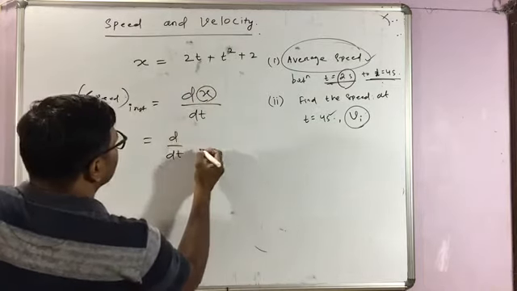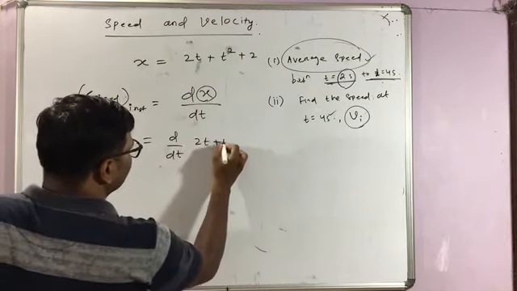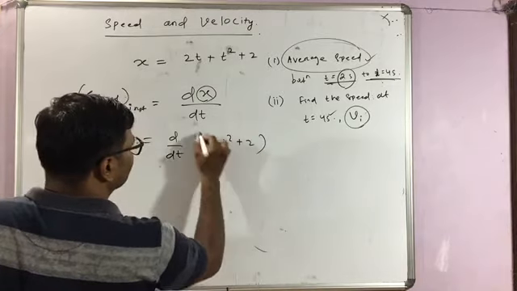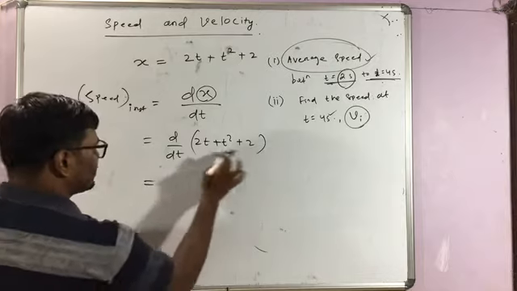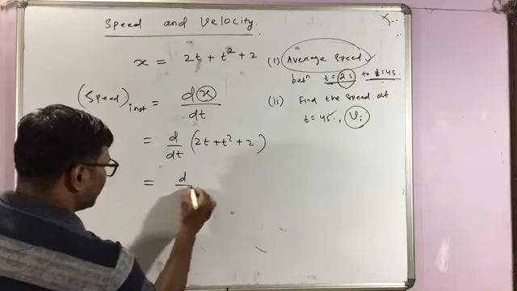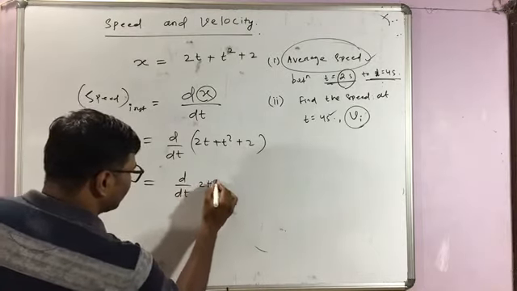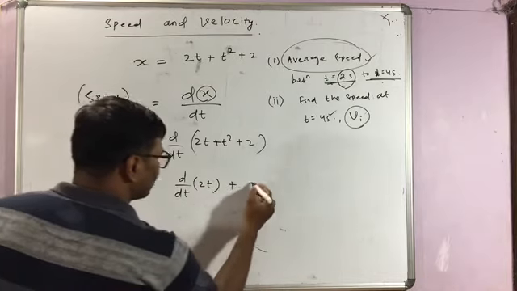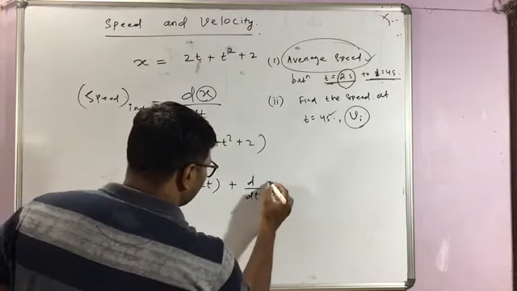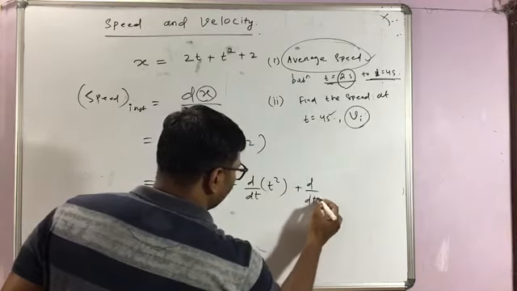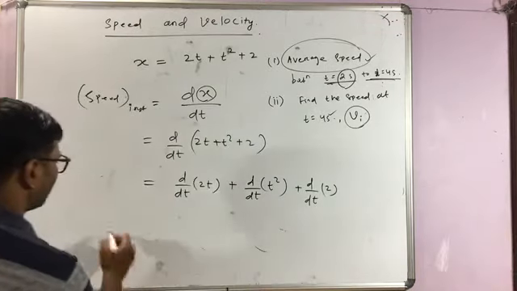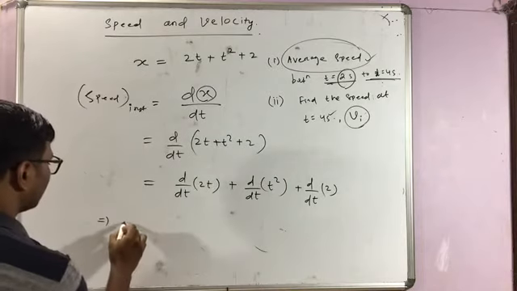X you take here, which is 2t plus t square plus 2. Now find the derivative of each quantity separately: d by dt of 2t plus d by dt of t square plus d by dt of 2.